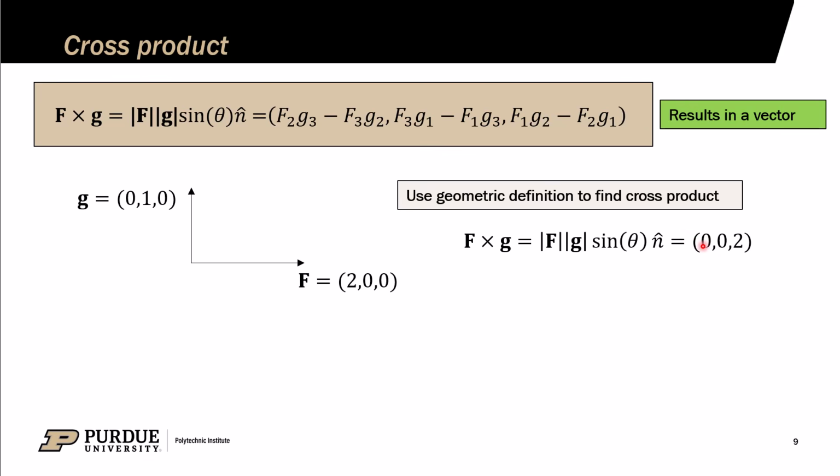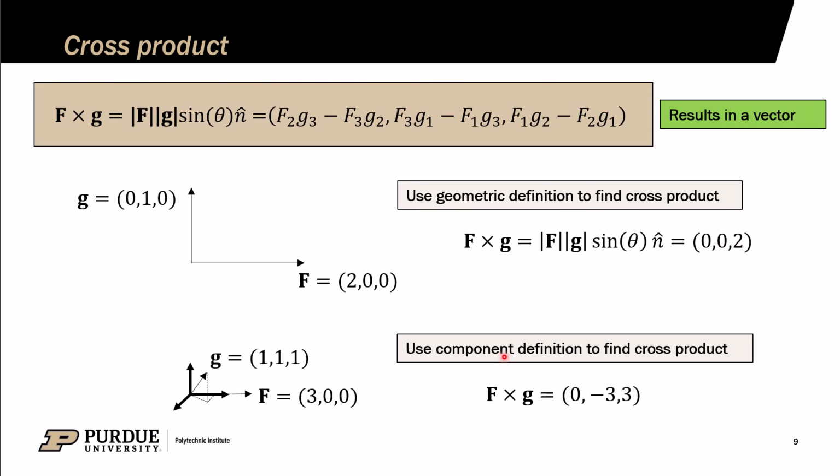So the entire result is aligned with the z-axis. I don't have an x and a y component because n hat is perfectly aligned with the z-axis. So 2 times 1 is 2, times 1 is 1, and that lies in the z component.